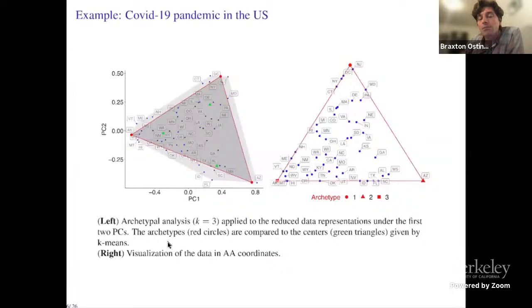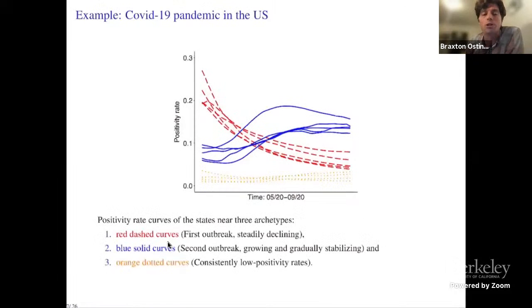The nice thing about archetypal analysis is that I think about the examples that are near the archetype points as extreme examples, and I can think about the other examples as convex combinations of those extreme examples. So people like archetypal analysis because it's a little bit more interpretable.